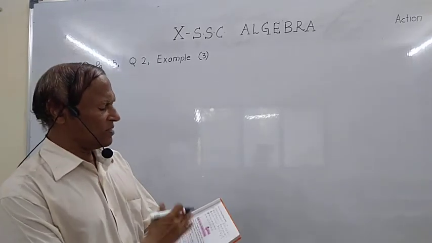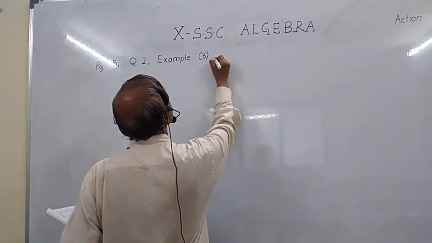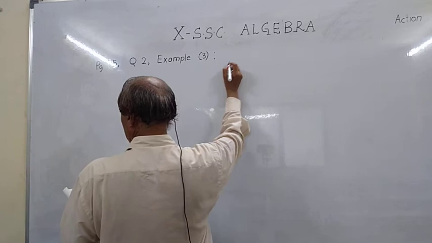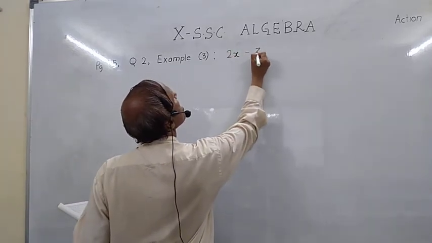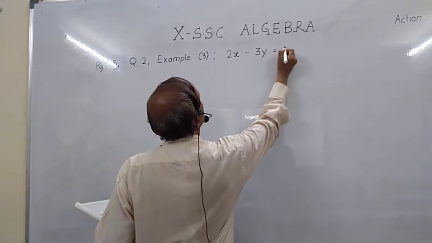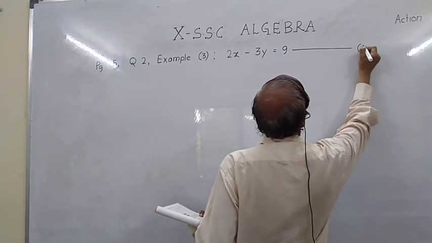Type 1 equation we have solved before. Your first equation is 2x minus 3y is equal to 9. This is your equation 1.